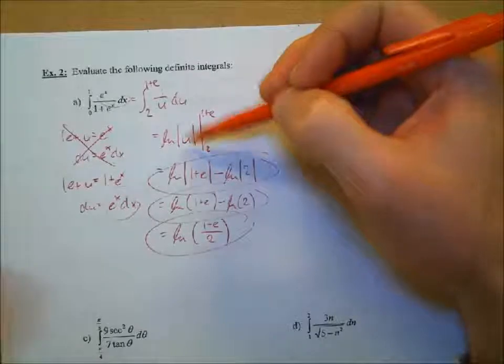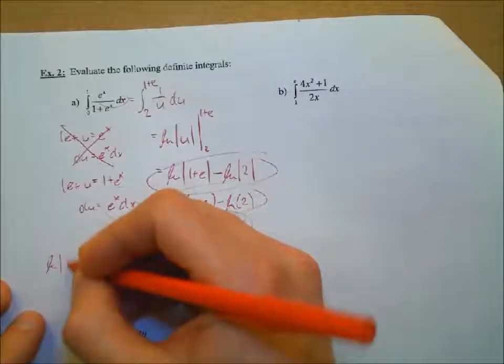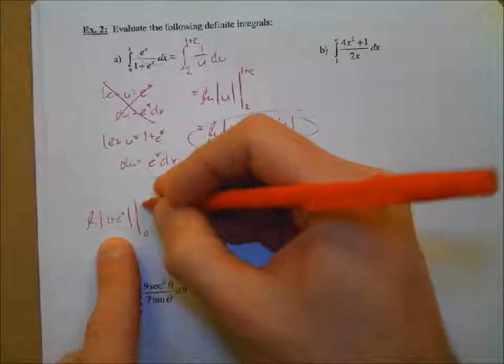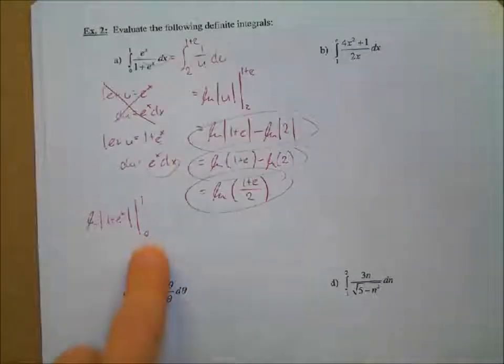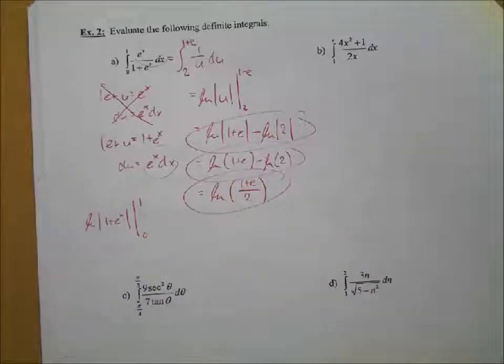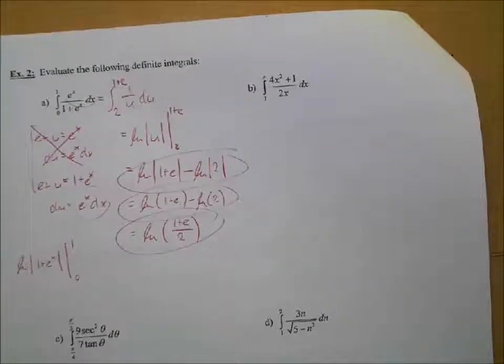Then you resubstitute in the 1 plus e to the x, and evaluate from 0 to 1. When you plug in those limits of integration, you're going to end up with 1 plus e and 2. So it ends up being the same thing. Okay, this just jumps that step.